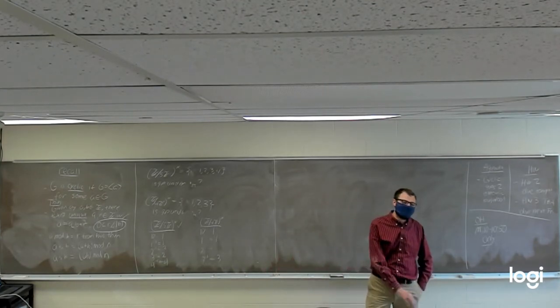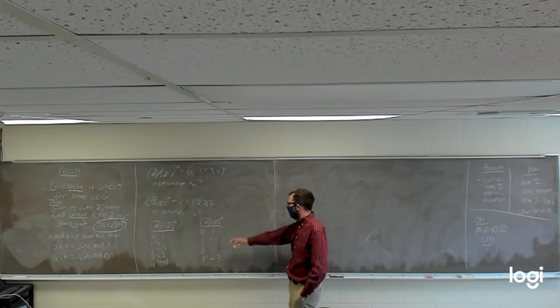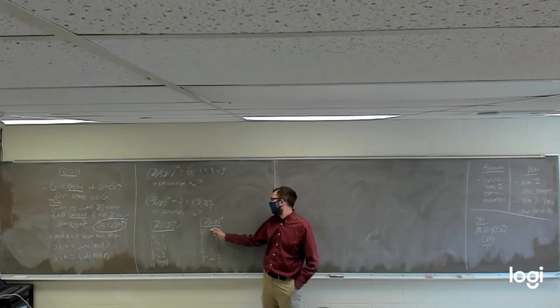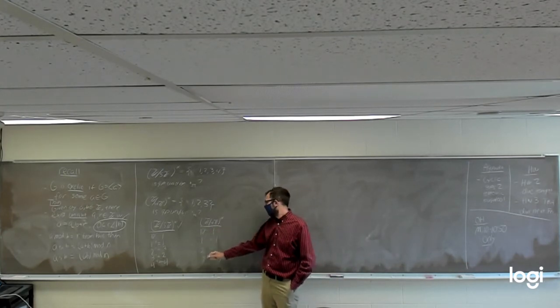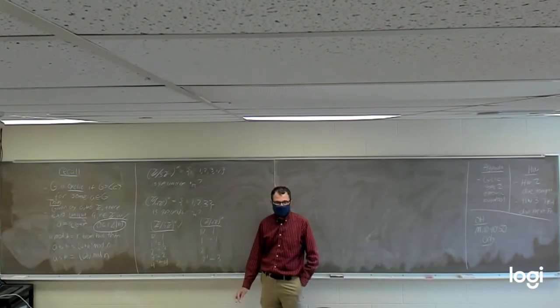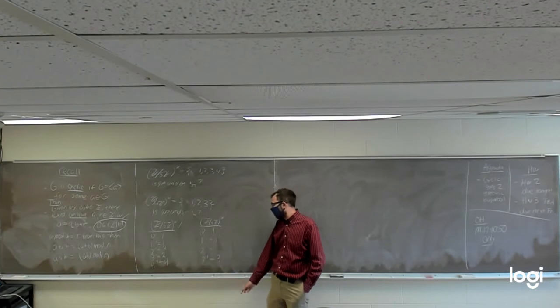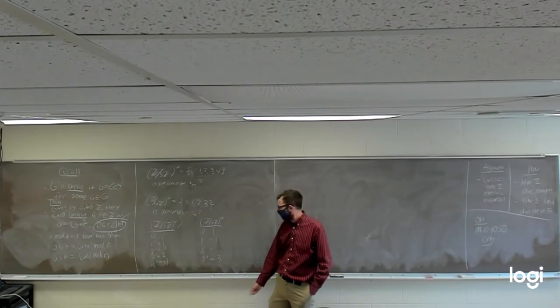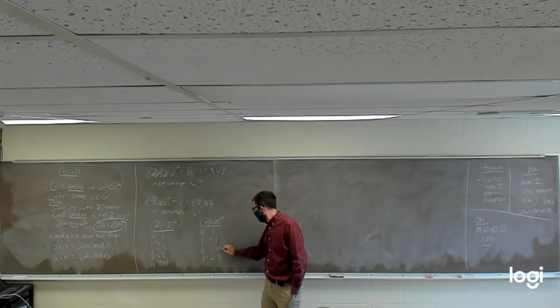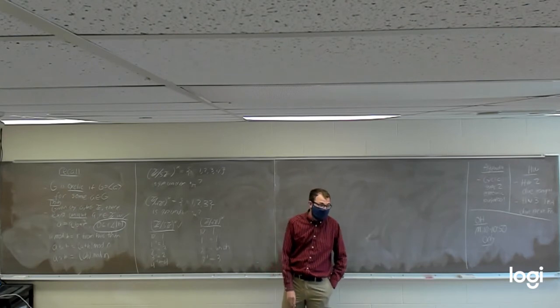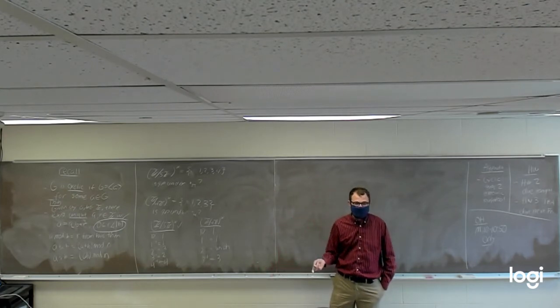What else? Let's see. If we multiply 2 by 1 mod 4, we get 2. If we multiply 2 by itself mod 4, we get 0. If we multiply 2 by 3 mod 4, we get 2. So 2 doesn't have an inverse, and in fact 2 times 2 isn't even in the set.